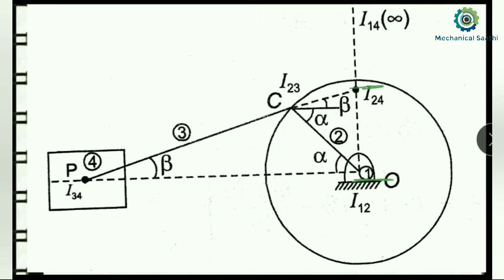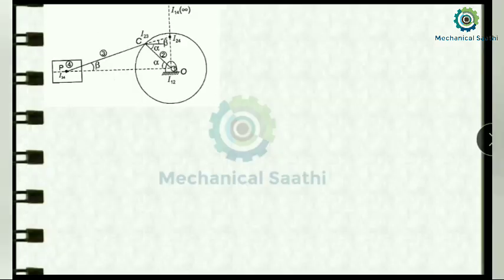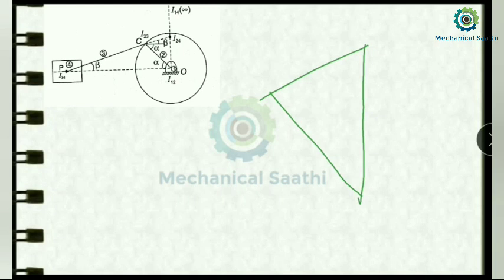So let us now find the distance between I24 and I12, so that we can calculate the value of B4. If I calculate the distance between I24 and I12, I will get a triangle over here. So let me draw that triangle. I have drawn that triangle over here.